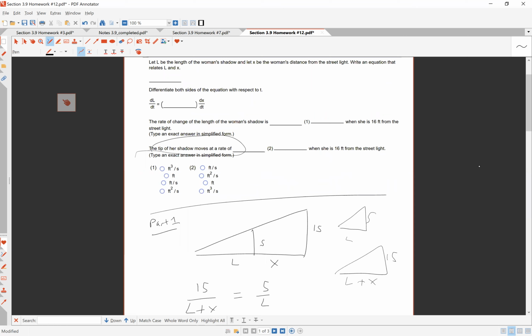So we want to know dL/dt plus dx/dt, once again when she's 16 feet from the streetlight. We're told dx/dt is minus 4, and we found that dL/dt is minus 2. So you just add them together.